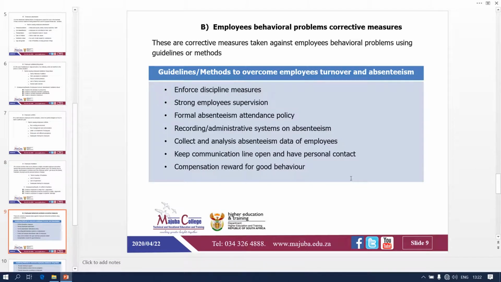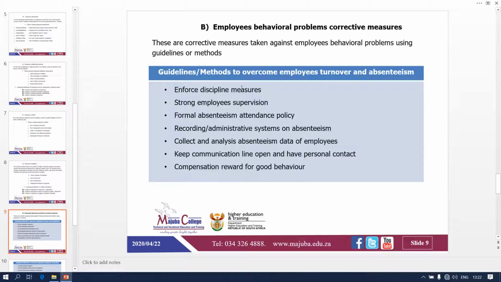Right. Let's look at employees' behavioral problems, corrective measures. These are corrective measures taken against employees' behavioral problems using guidelines or methods in the workplace. Right. Let's look at the guidelines to overcome employees' turnover. Enforce discipline measures. For what? For employees' turnover. For absenteeism.